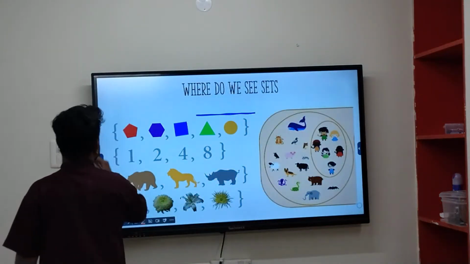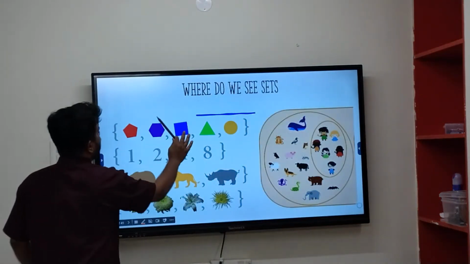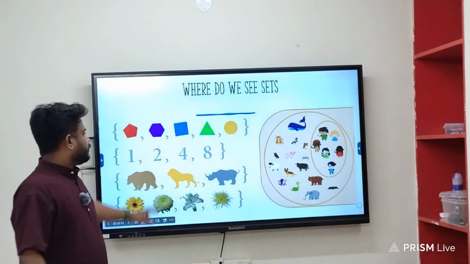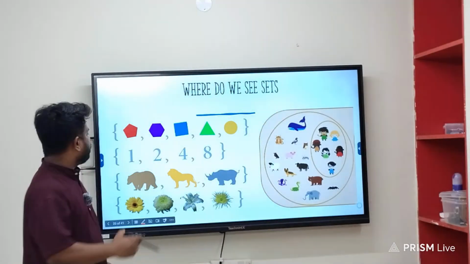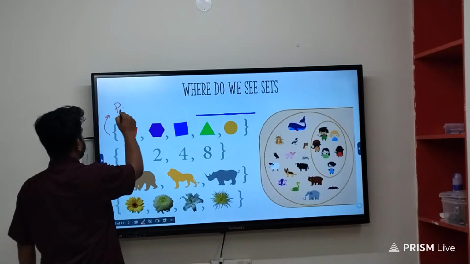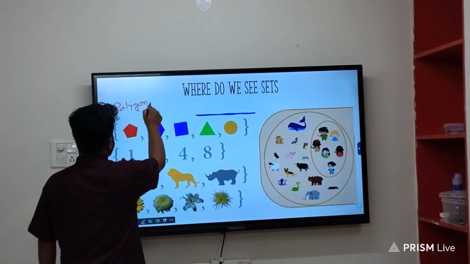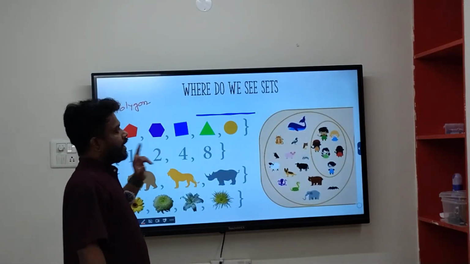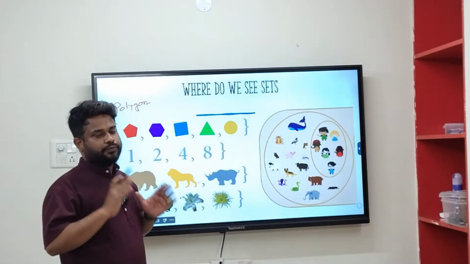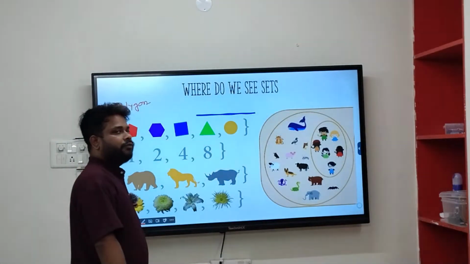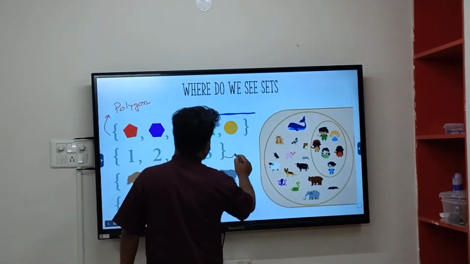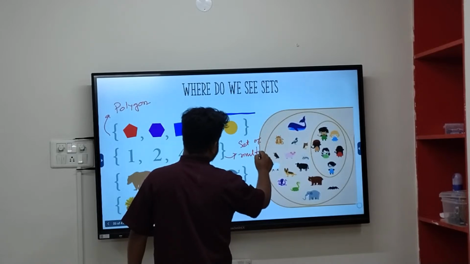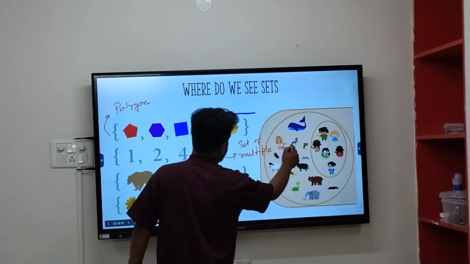So in the first one we can see that here we have 5 types of shapes. Okay, the 5 types of polygons are here. So we can tell that this is a set of polygons. The next one is a set of 1, 2, 4 and 8. These 4 are numbers and they are all multiples of 2. So we can say this is a set of multiples of 2.